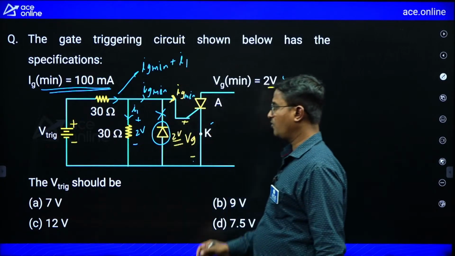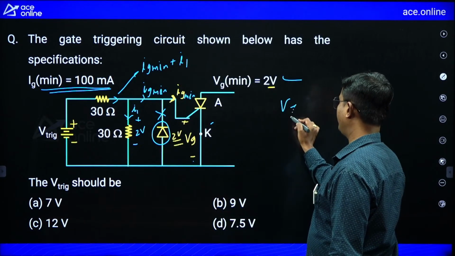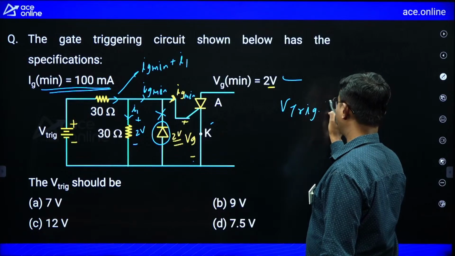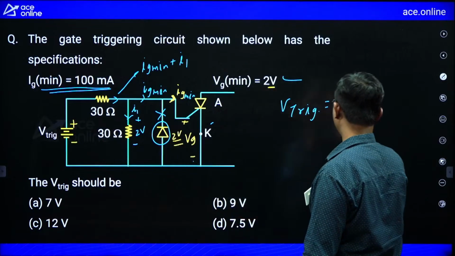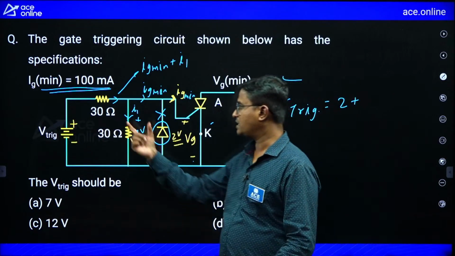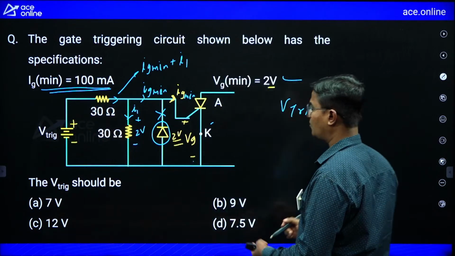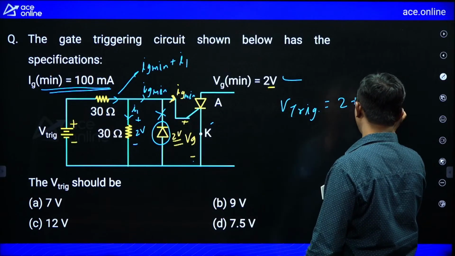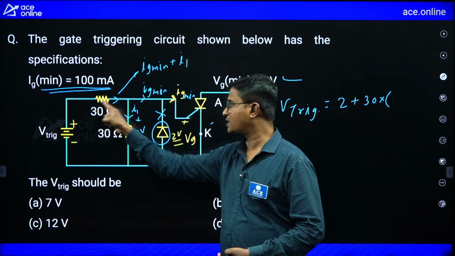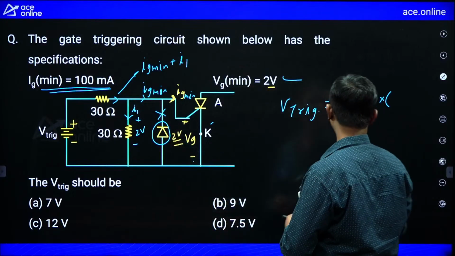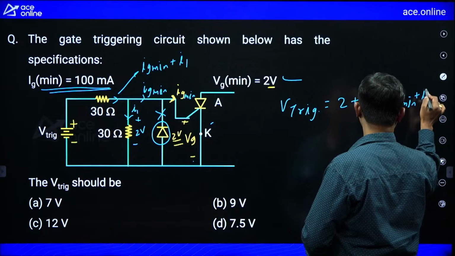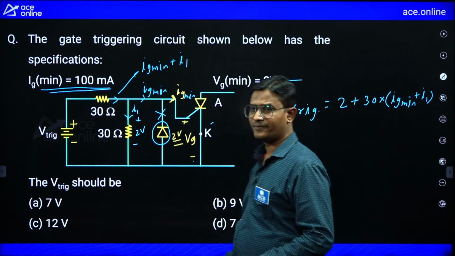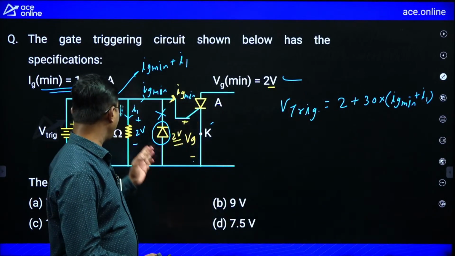So I can write V trigger is equal to simply this voltage, 2 volt, plus the voltage across this 30 ohm resistor. What is the voltage across the 30 ohm resistor? According to Ohm's law, it is 30 into this current, which is Ig min plus I1. Now what is I1? I1 is simply 2 by 30.